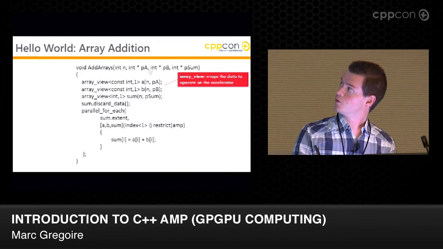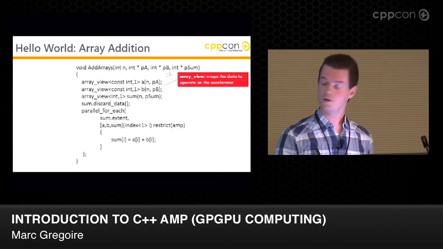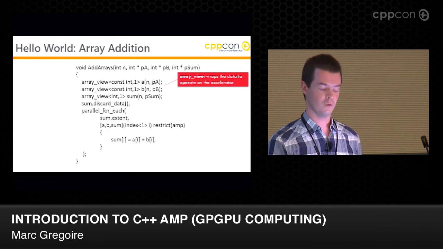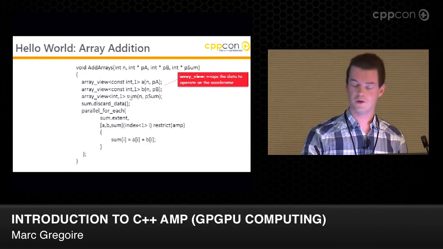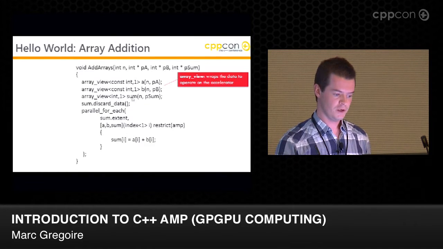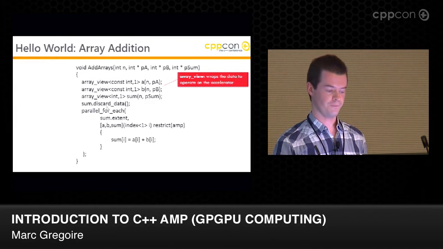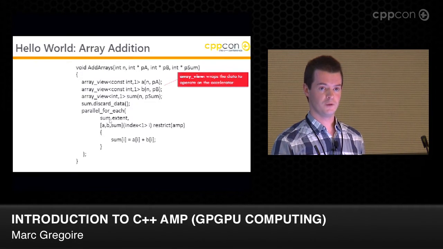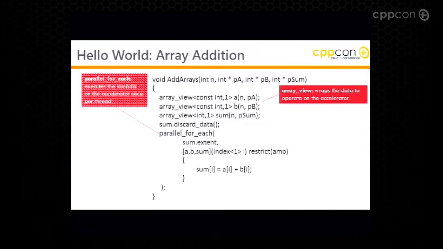Since this will calculate A plus B equals sum, A and B are read-only arrays, so we define these as array_view of const int with dimensionality of 1. The sum, on the other hand, is write-only, so we immediately call discard_data. Then we call our parallel_for_each, and we specify the size of our space that we are working on, which is simply the extent of our sum in this case.